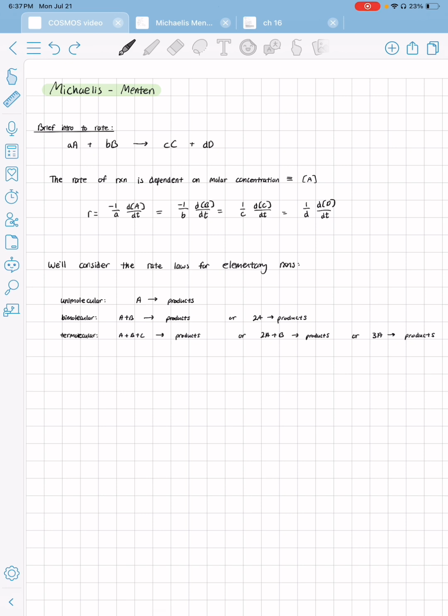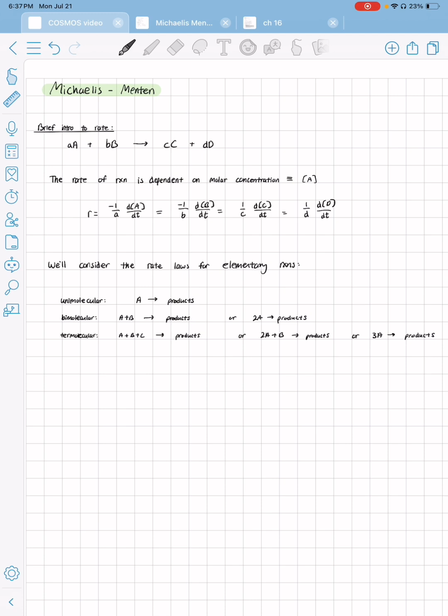The rate of this reaction, and most reactions, is dependent on molar concentration, whose symbol is typically the reagent, which is A in this case, surrounded by brackets. That's the concentration notation. So it's dependent on molar concentration. It's also dependent on time.